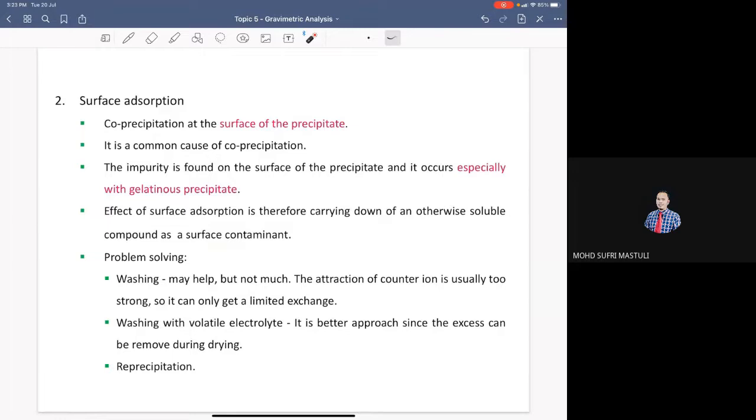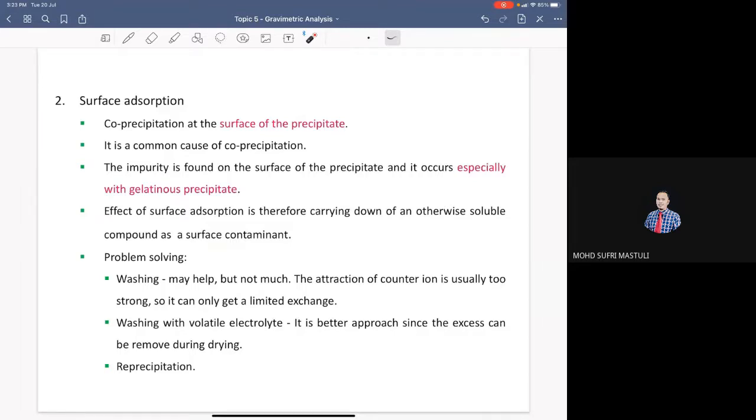Problem solving. Since the contaminant is on the surface of the precipitate, we can wash. It may help, but not much, because the attraction of the counter ion or foreign ion is too strong. The binding of the foreign ion on the surface of the precipitate is normally too strong, so when we wash, it only gives a limited exchange.